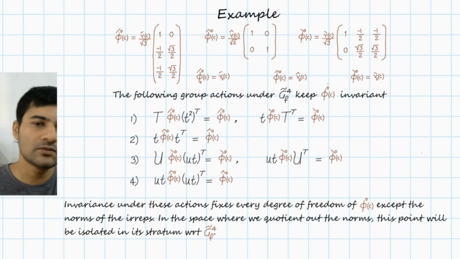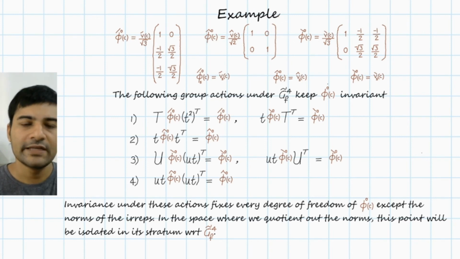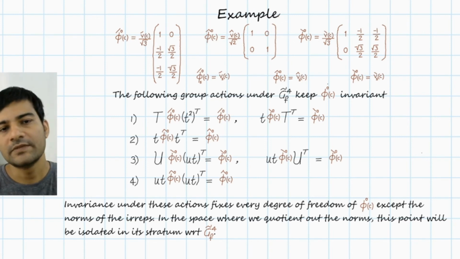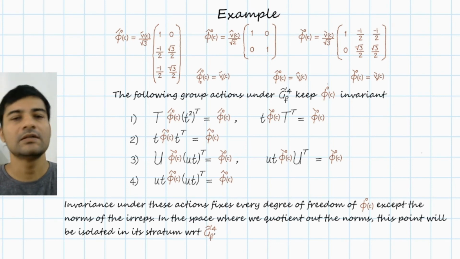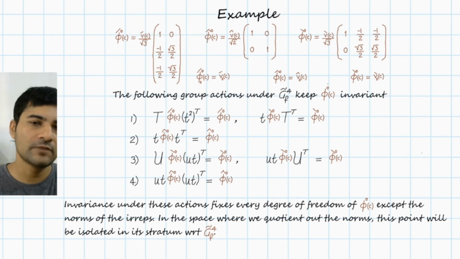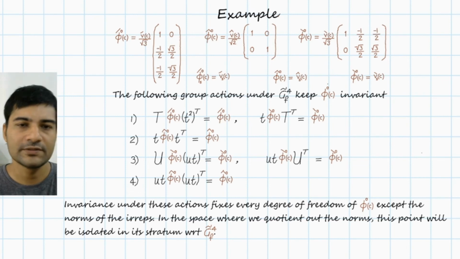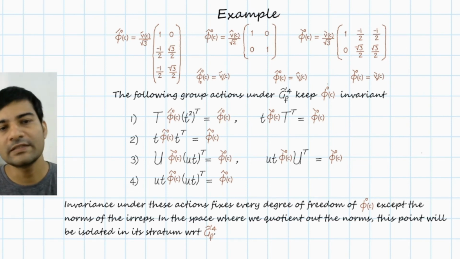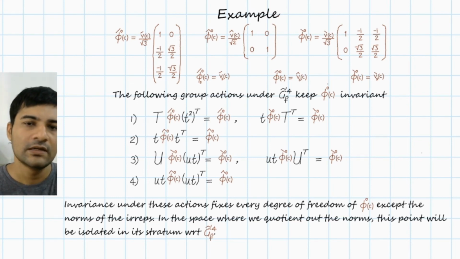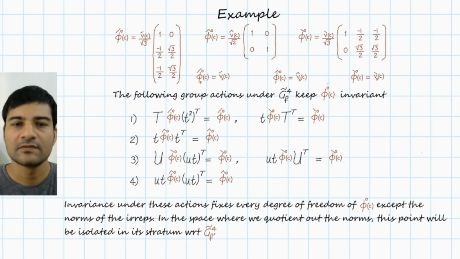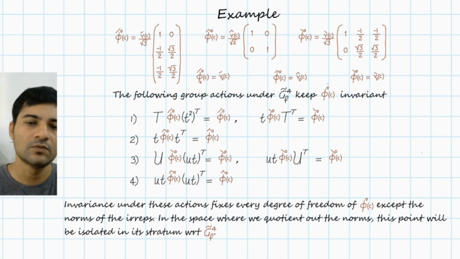This is quite similar to the case that we discussed in the prerequisites video. There, we obtained a unit circle as the normalized space, and we obtained isolated red points. The only difference is that in that case, we had only one irreducible multiplet, whereas in this case, we have 6 multiplets and therefore 6 norms.